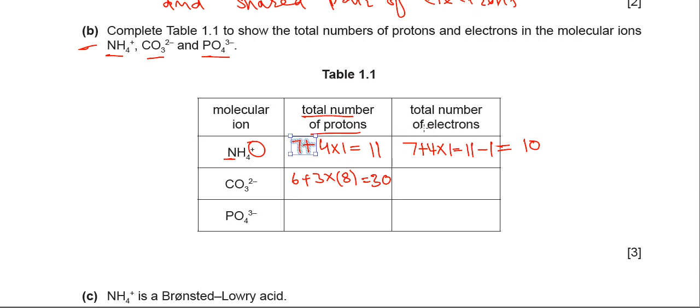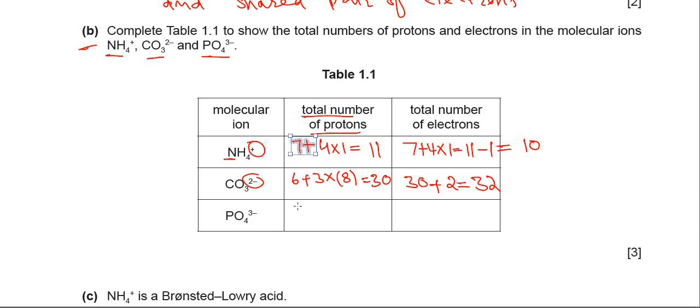If we calculate the number of electrons, the total electrons and protons are always the same, but the negative charge on this complex ion indicates it gained 2 extra electrons. So I'm going to add 2 more electrons due to the 2 negative charge on it, which gives us 32. So the total number of electrons in carbonate ion is 32.